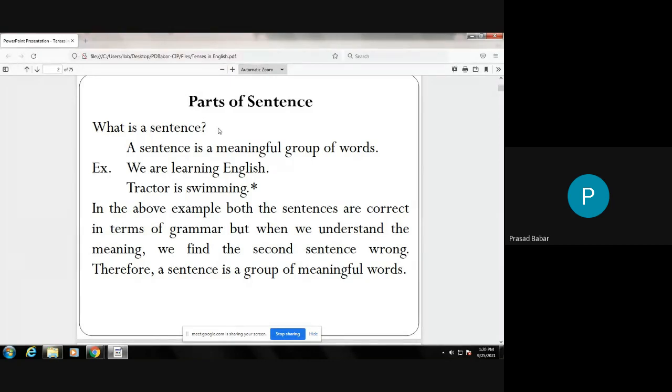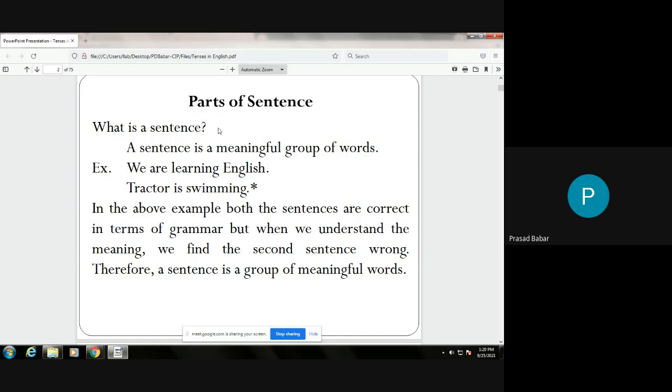So in the above example, both the sentences are correct in terms of grammar. We are learning English, this is a present continuous tense sentence.